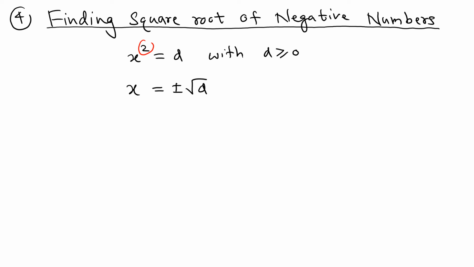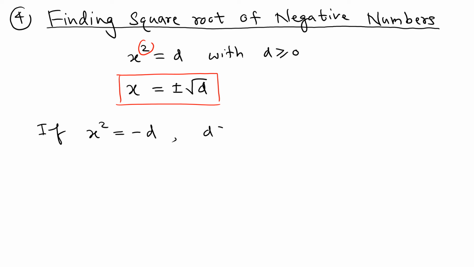If d equals 0, you only get 1. So that's what happens in the real case: you get plus or minus the square root of d. But the question is, if you have a negative number, like if x squared equals negative d, and we assume again that d is positive.